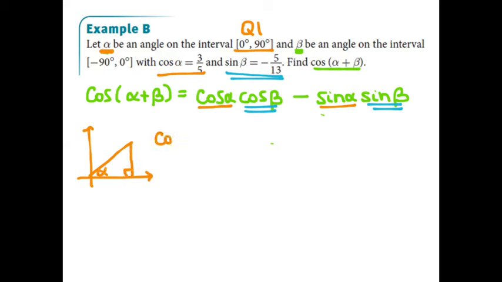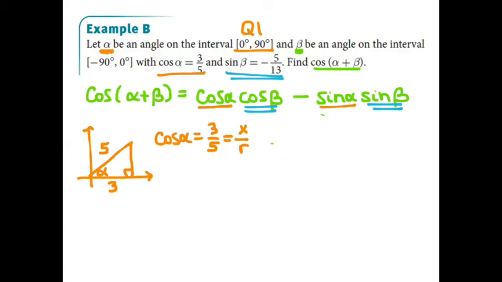I know that cosine of alpha is equal to 3 over 5. It was given to me in the problem. And so I can use that information to label my triangle. If cosine alpha is 3 over 5, remember that's equal to x over r in a reference triangle. And so that means this side is 3 and my hypotenuse is 5.